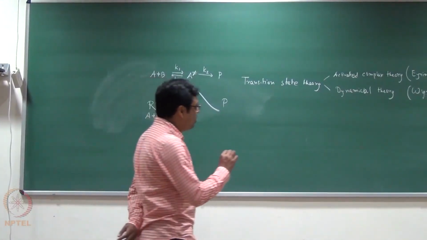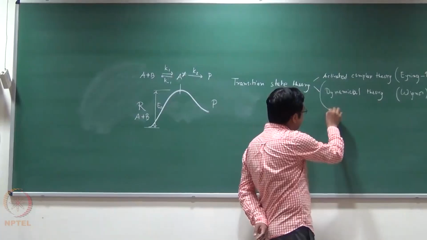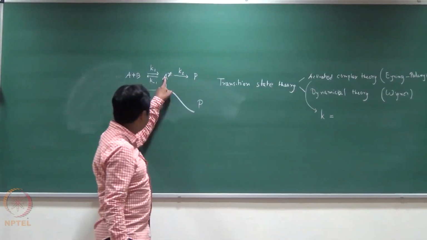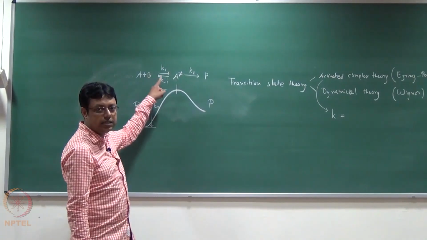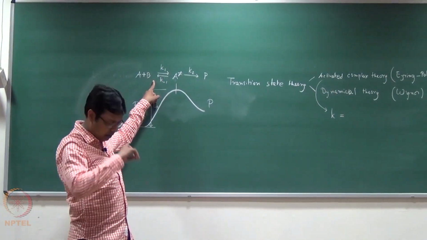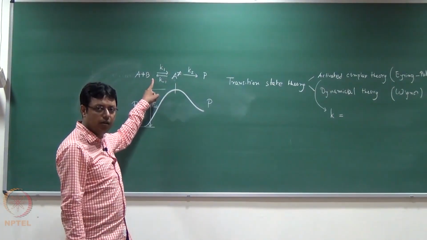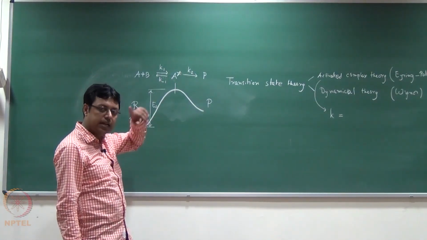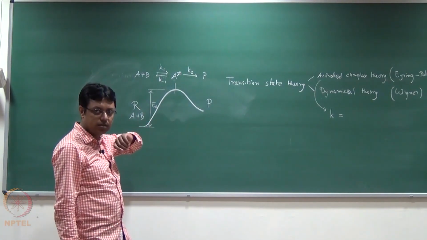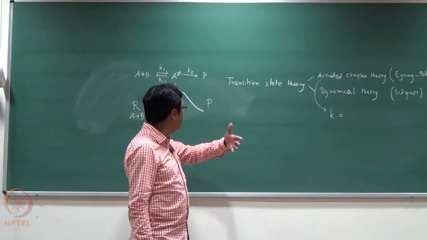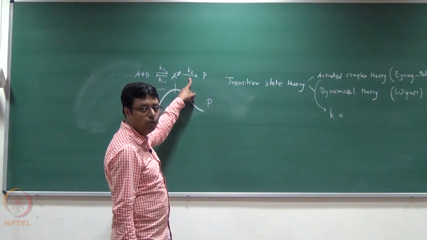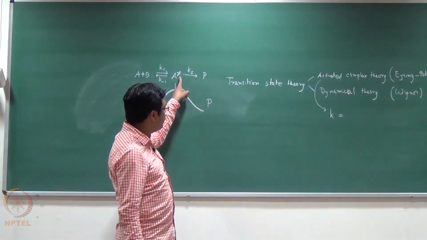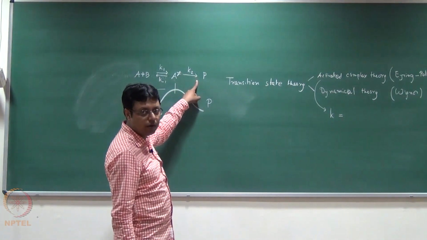Just to begin with, for activated complex theory they showed that you consider an equilibrium, and there will be a delta G for the equilibrium, because the equilibrium constant can be written as e to the power minus delta G by kBT, and that delta G you connect to partition functions. Also k2 is the rate at which the activated complex gives you product.